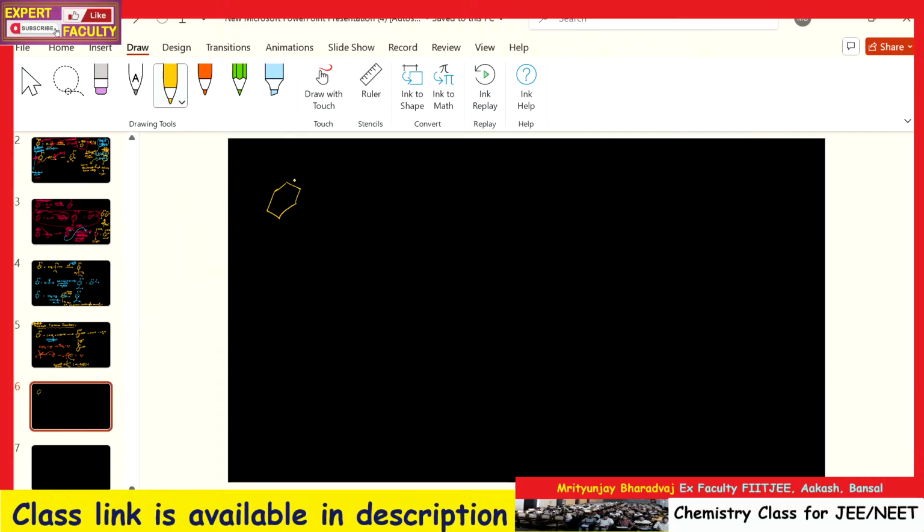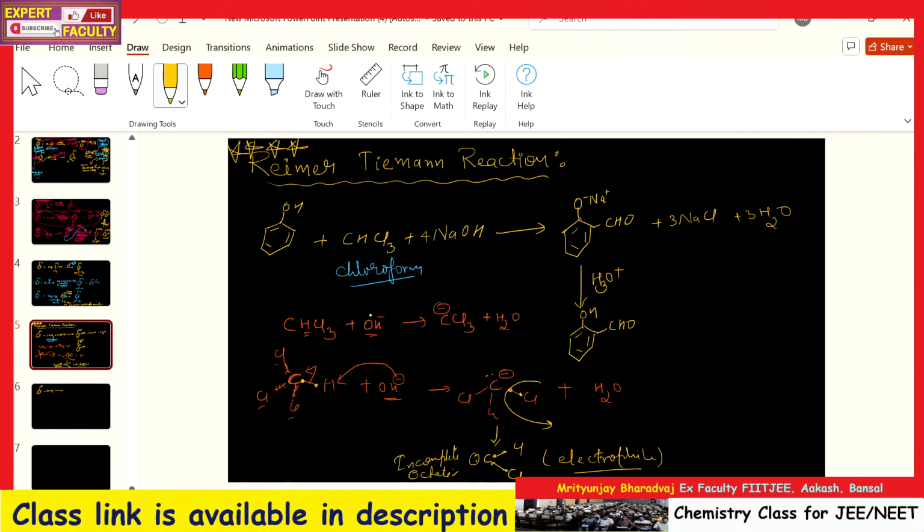Now, with the NaOH, phenol becomes what? Phenoxide. So this will be the reactant for the next step. From the chloroform, we get this compound called dichlorocarbene. I will write the name also. Have you heard about this?